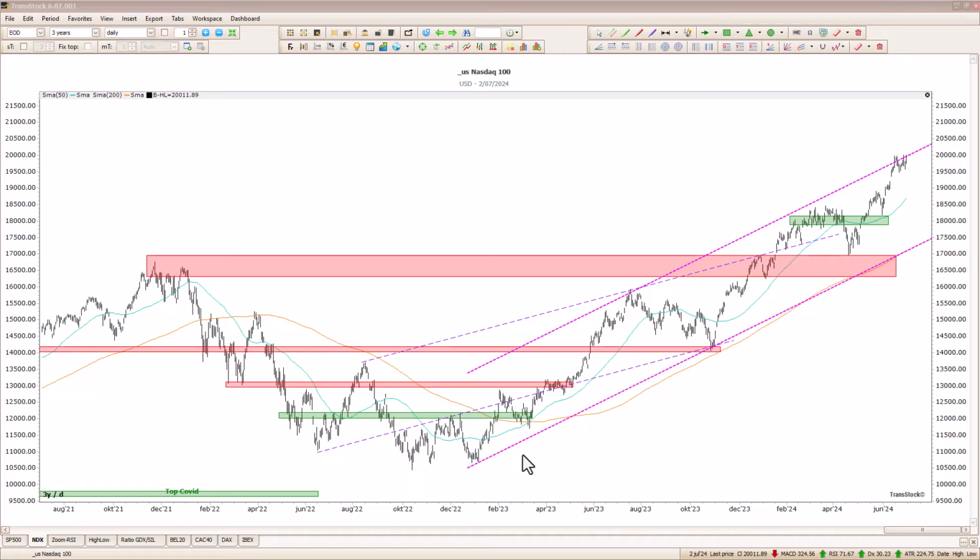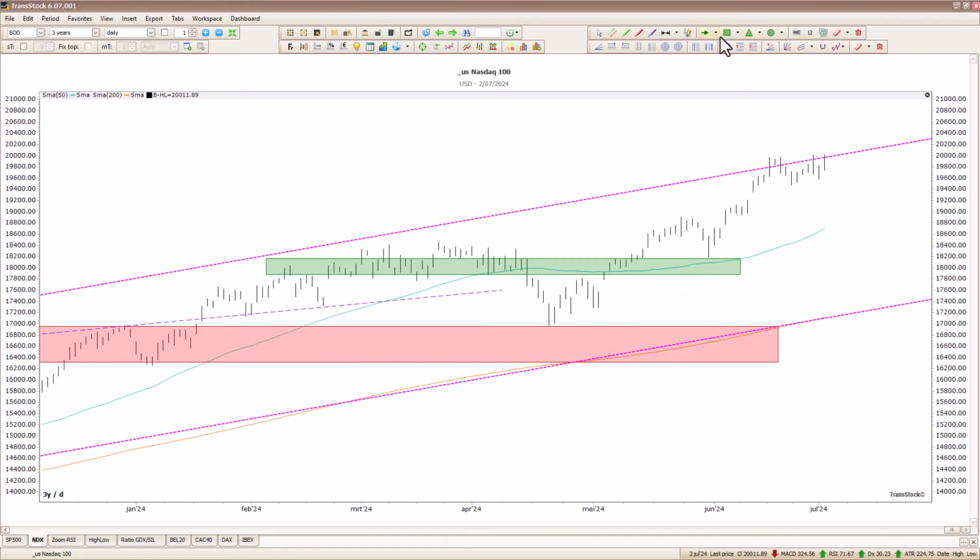The Nasdaq 100, the same movement as the S&P 500. The Nasdaq 100 is hitting the ceiling of that channel. Intraday support is, I'll zoom in, take the rectangle. The first intraday support is around 19,500.